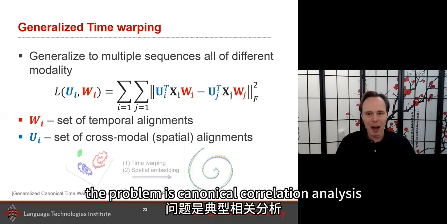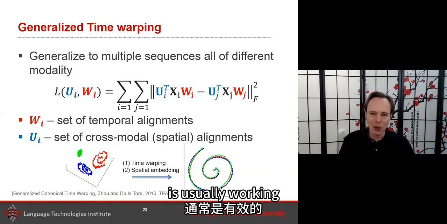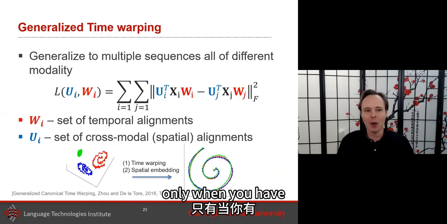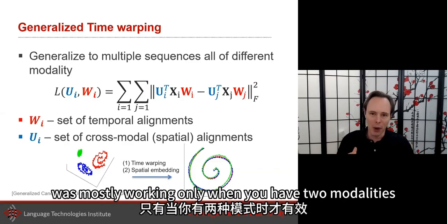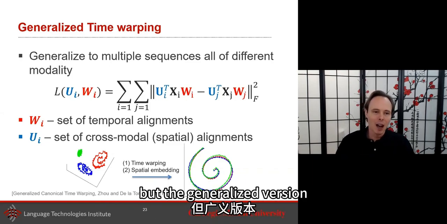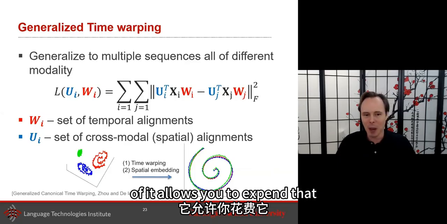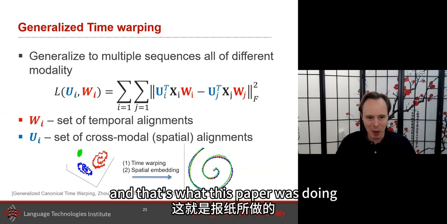But here, the problem is that typical canonical correlation analysis was mostly working only when you have two modalities, but the generalized version of it allows you to expand that, and that's what this paper was doing.